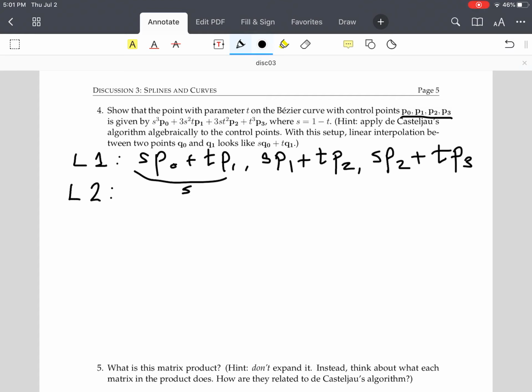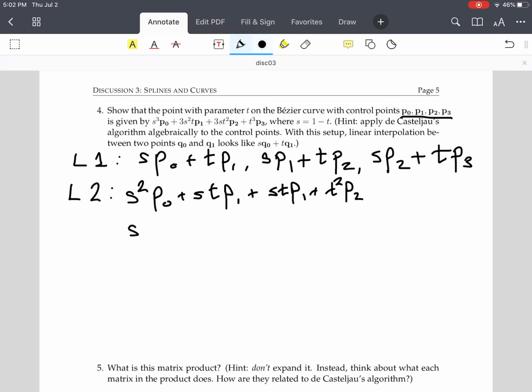And so if we go ahead and write it out, and I'm going to skip a simplification step, but it's just multiplication, simplification. So it's going to be s squared p0 plus st p1 plus st p1 plus t squared p2.